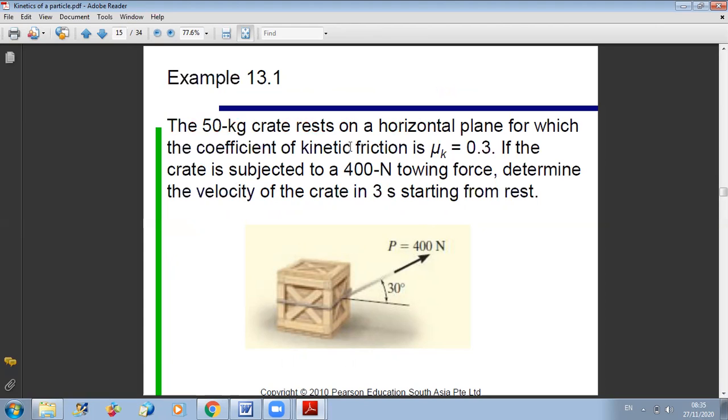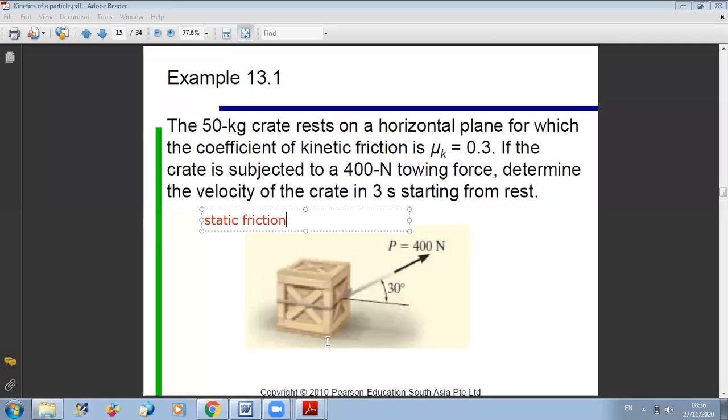Okay, so here, first, what is kinetic friction? In dynamics, you have two types of friction. We will see the difference here. You can have static friction, and you can have kinetic friction. The definition of static friction is friction between two surfaces that are not sliding with respect to each other.